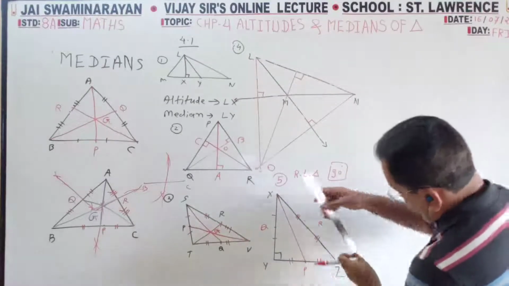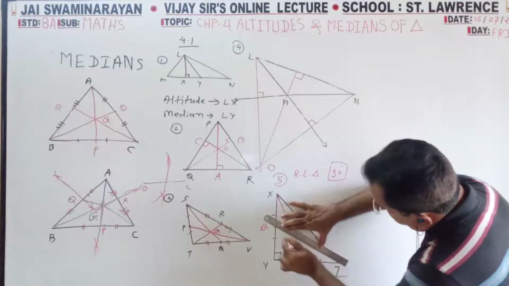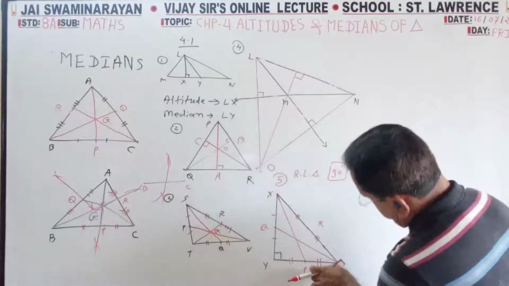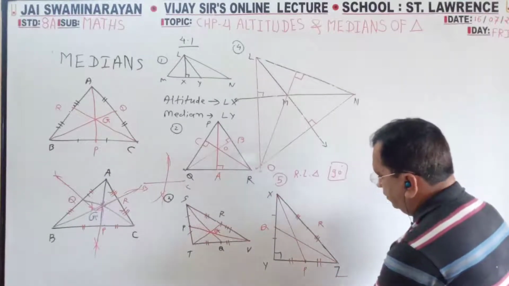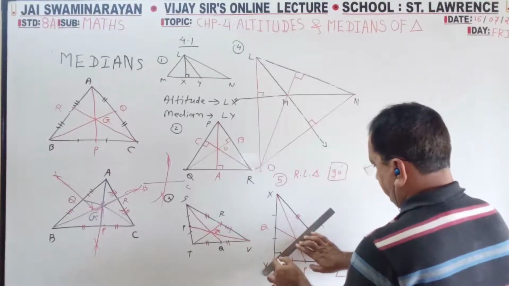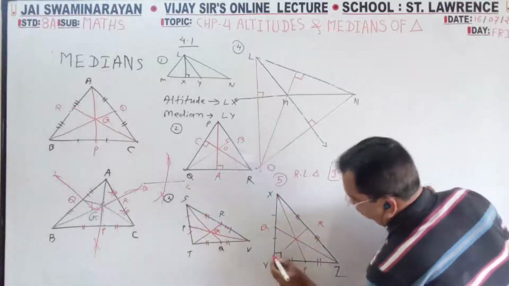On a midpoint. Again on a midpoint. And now we have to join again a midpoint. Okay, so this is your G point.